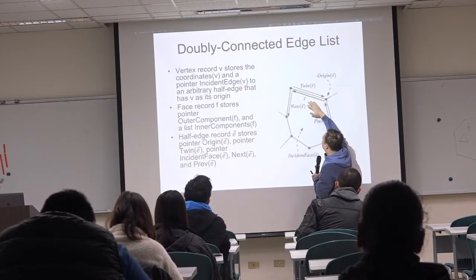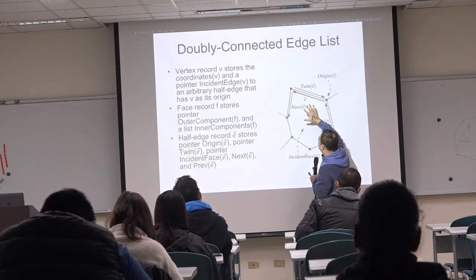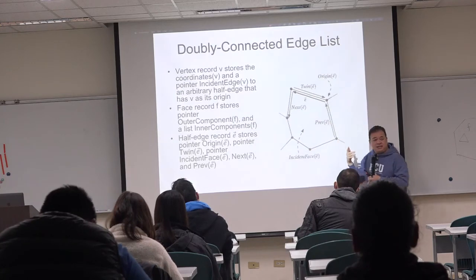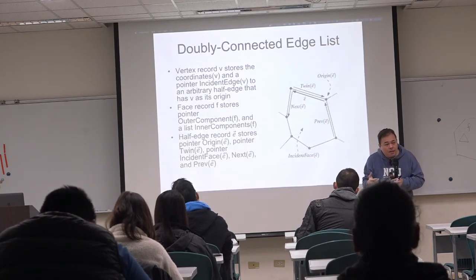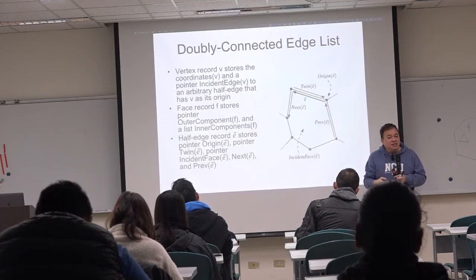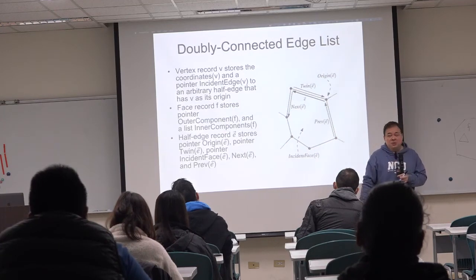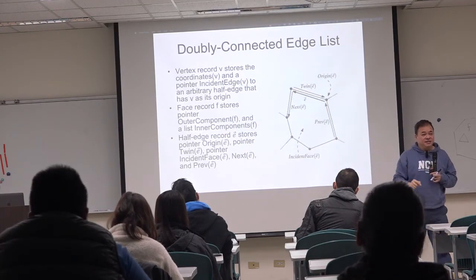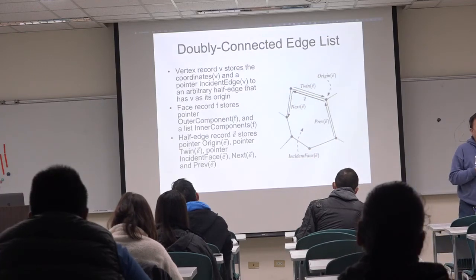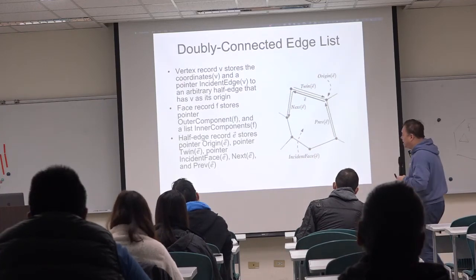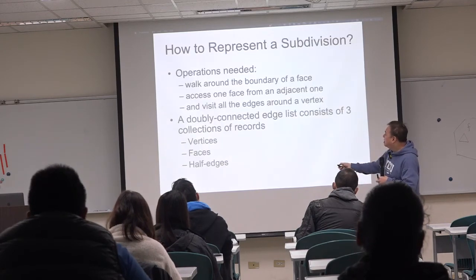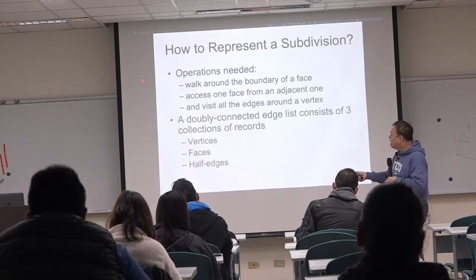So the phase that is adjacent to this one, on the other side, how do we access that phase? Yes, the incident phase of the twin edge of E, right? Good. So actually we are able to also accomplish the second task. How about the third one?